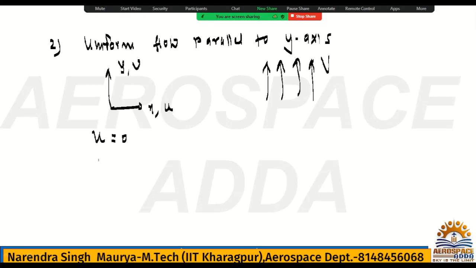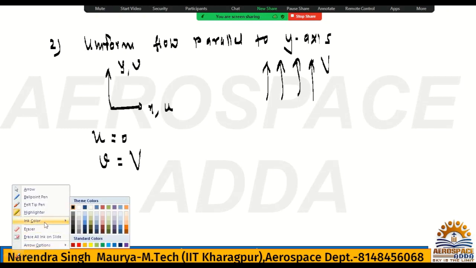Hence u will be 0 and small v will be capital V. Why is small v equal to capital V? Because small v is the velocity component in y direction, and in y direction the velocity component is V. Okay, so again you can perform the same thing, stream function and potential function formula, but I am not going to do it because it is not required.